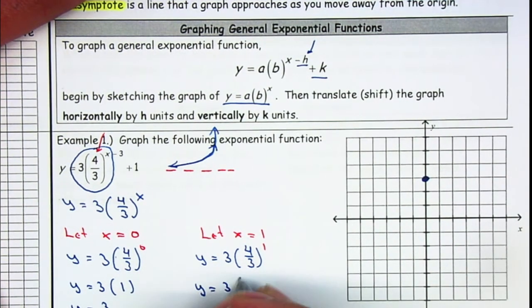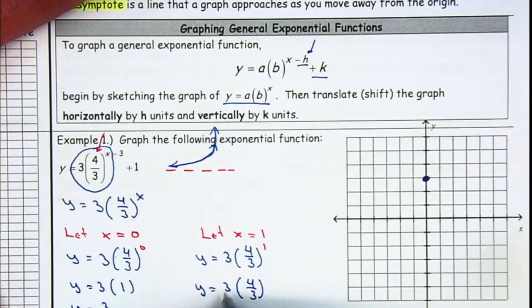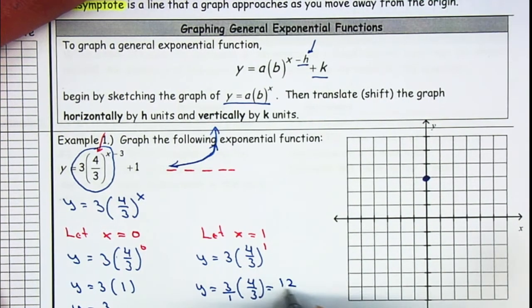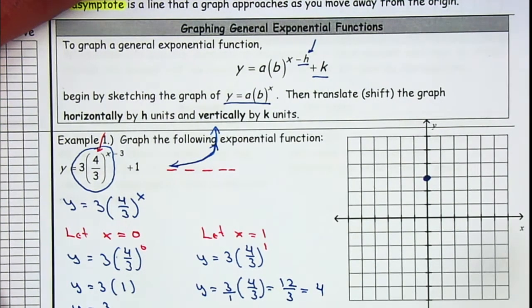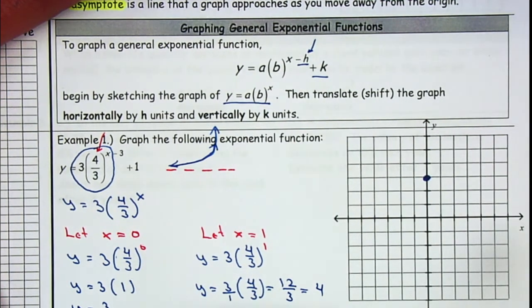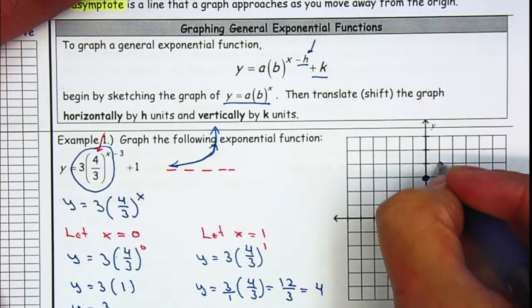In order to multiply, I'm going to place it over 1, multiply across, so it gives me 12 over 3, which is equal to 4. That will give me my second point. So if x is 1, the corresponding y value is 4. So (1, 4).